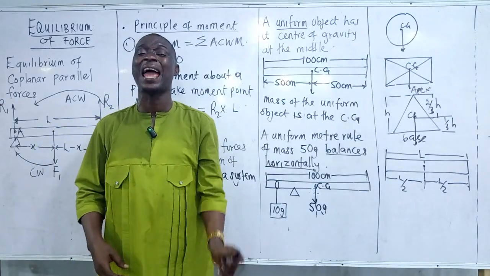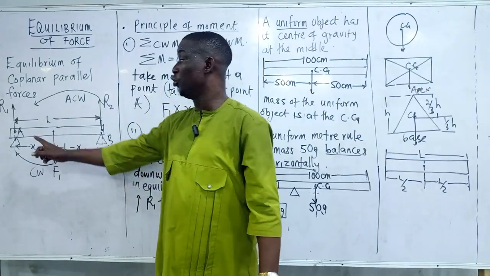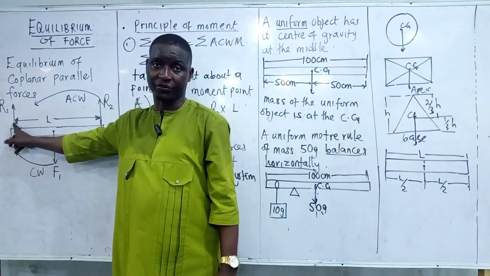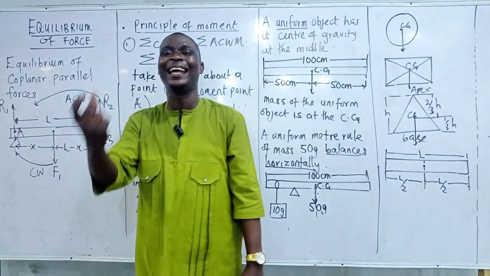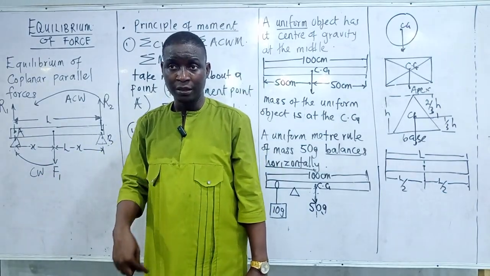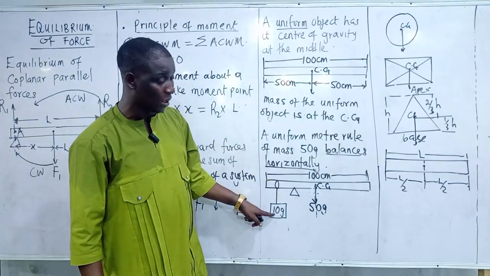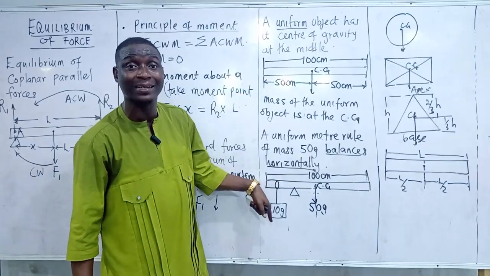And anytime you have a knife edge in a system, it produces a reaction, an upward force. A knife edge will produce a reaction. When a load is added to the system, it produces a downward force. A load, like this one, the force will be acting downward. It's not possible for the force to be acting upward.